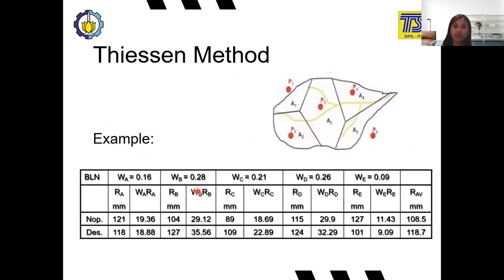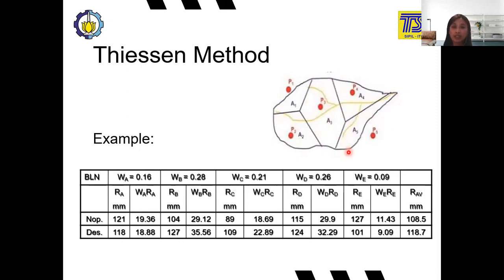Yeah. For example, here we have an example of the picture with 5 stations, 1, 2, 3, 4, 5, and there are also borders on each area of each station.